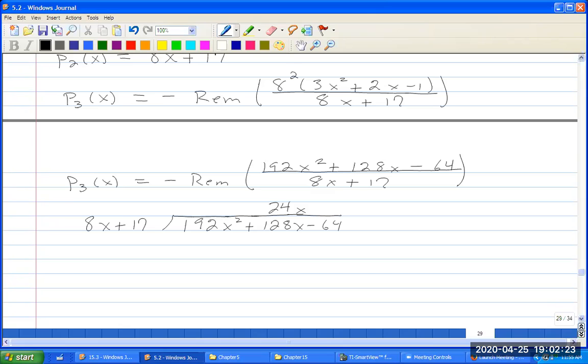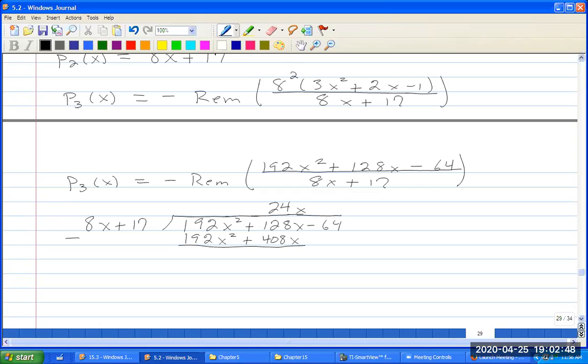So let's multiply everything by 24x. So I get 192x squared plus 408x. Let's subtract. The 192x squares cancel.